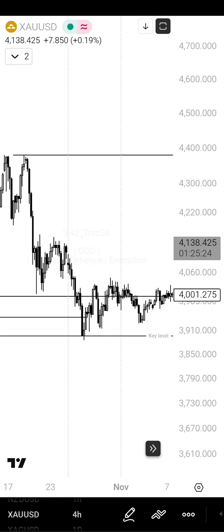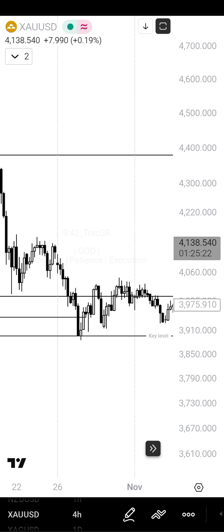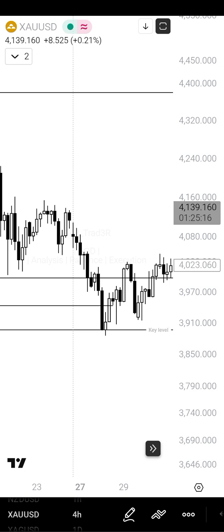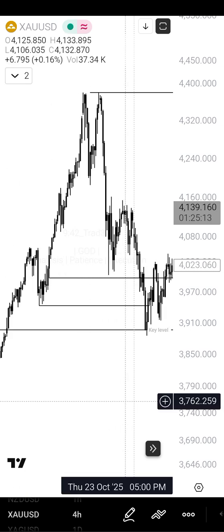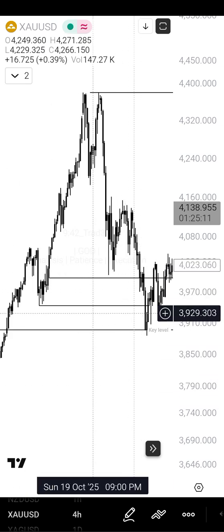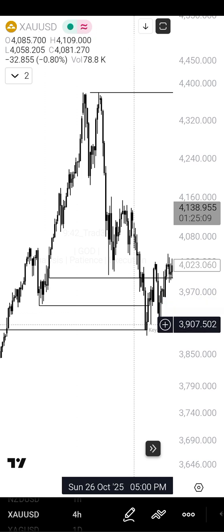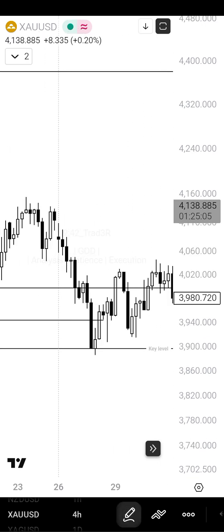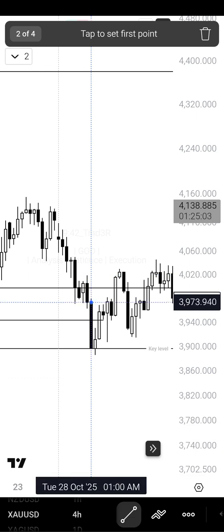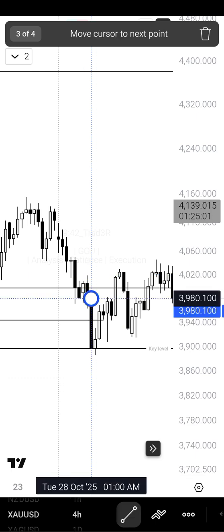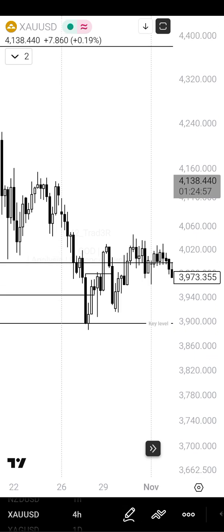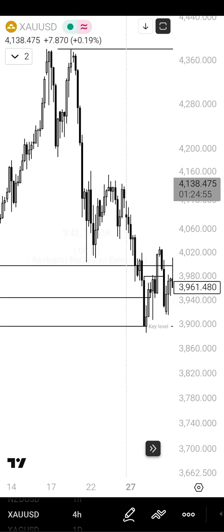Once that criteria is in play, and price successfully dumped below this low and hits the key level, a confirmation is one close above the candle that stabbed into the old low.